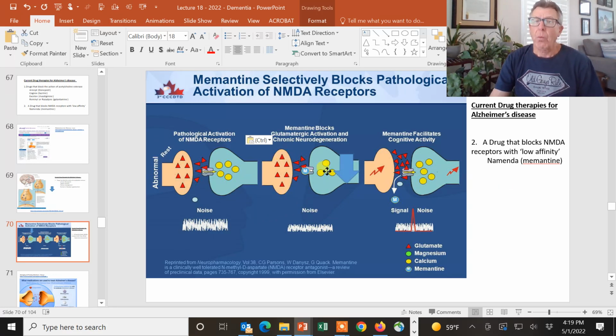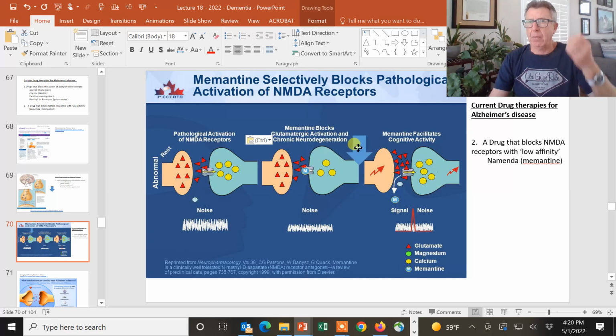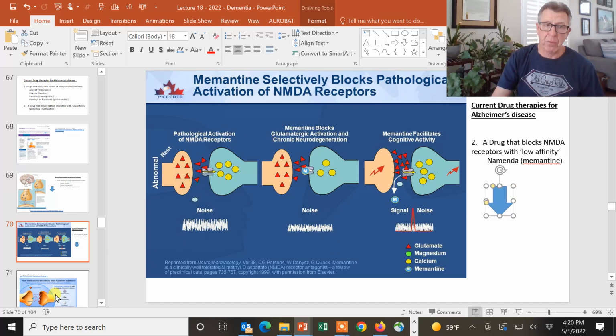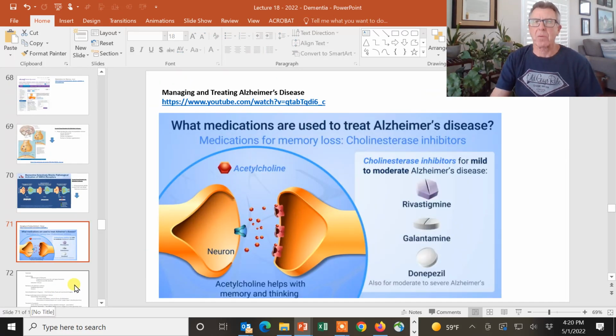And then when in comes a signal and you have more appropriate release of glutamate, because this thing is low affinity, a bolus of glutamate, boof, from a signal is able to kick the Namenda off, and so now you have a real nice signal. So you have this improved signal to noise, and lo and behold, you can retrieve a memory. Lo and behold, your behavior is produced, and that's the concept with that.